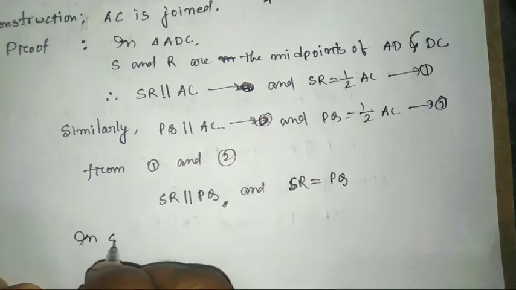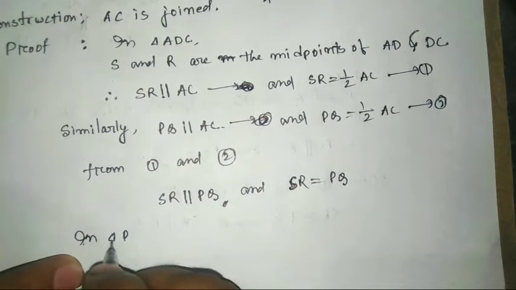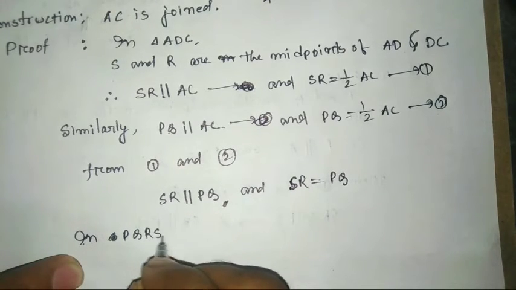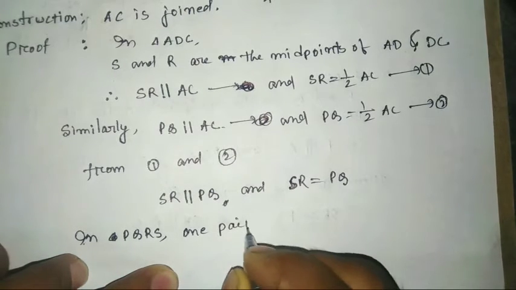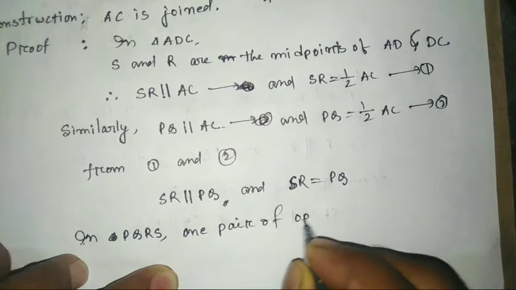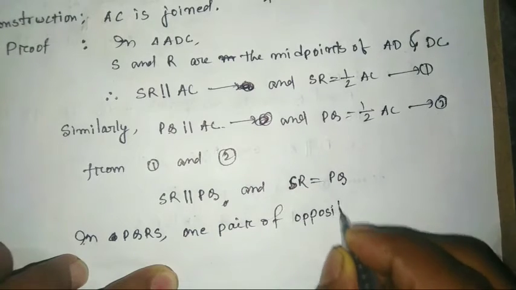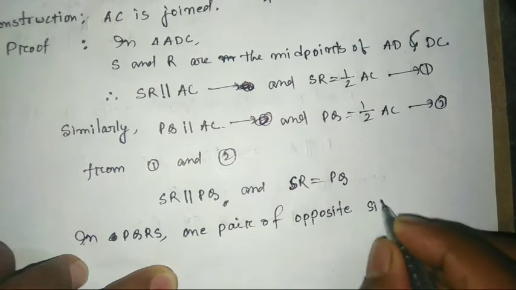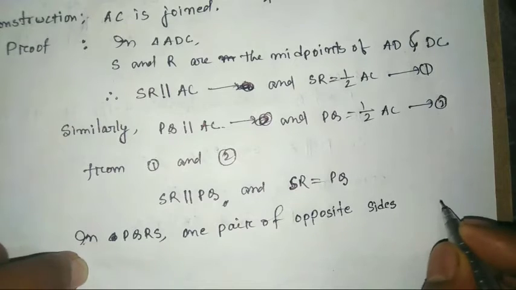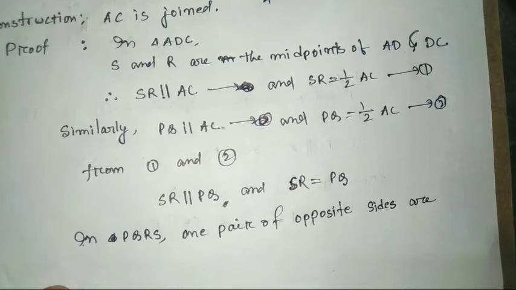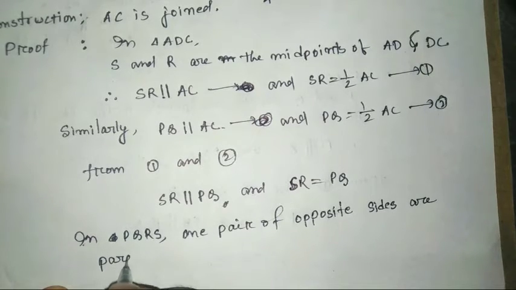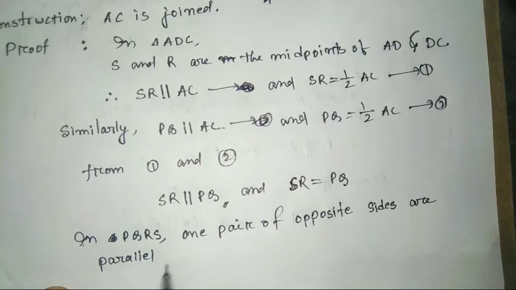From these things we can prove that in quadrilateral PQRS, one pair of opposite sides, we can mention the sides in bracket, opposite sides are parallel and equal.